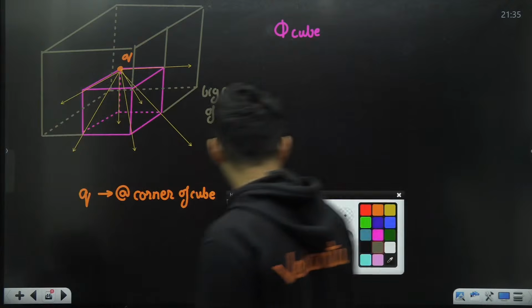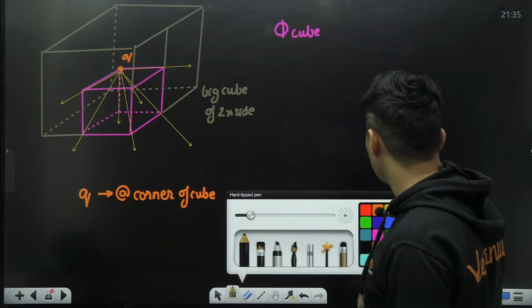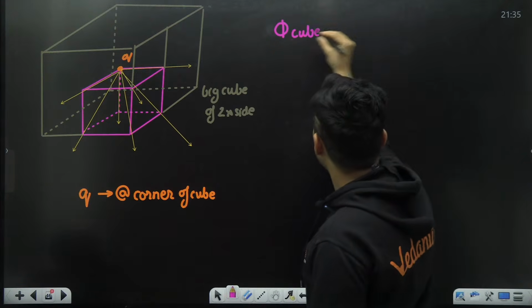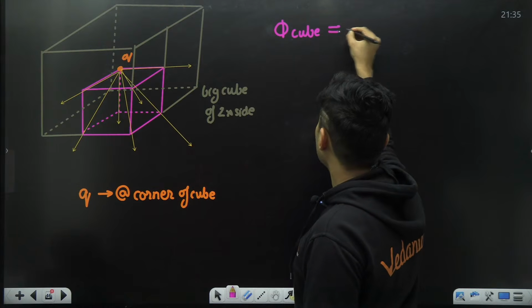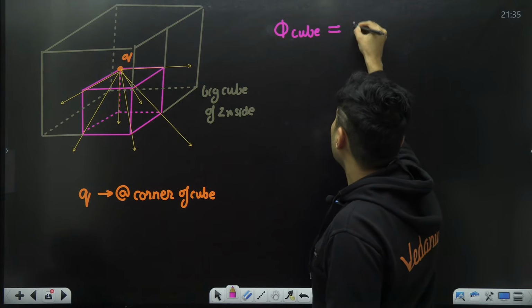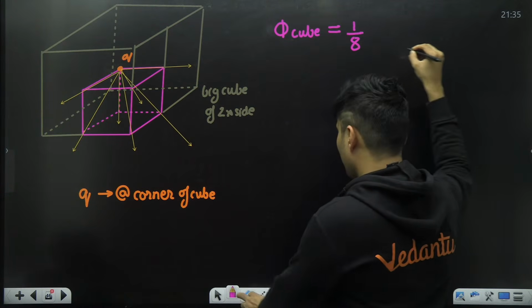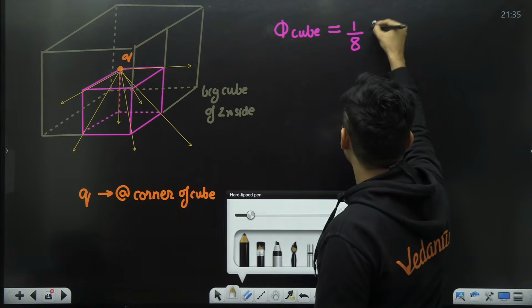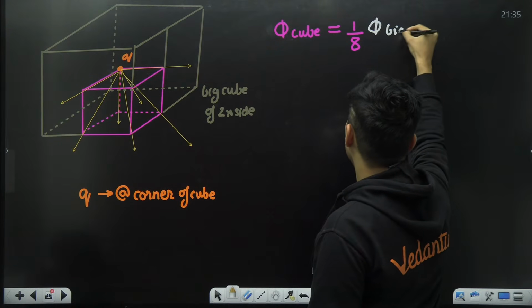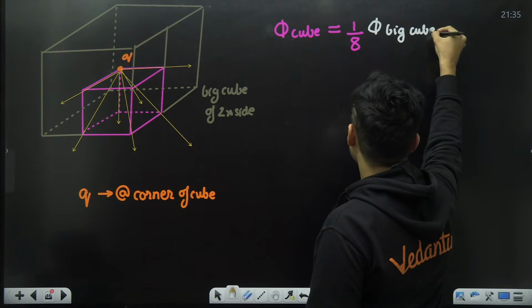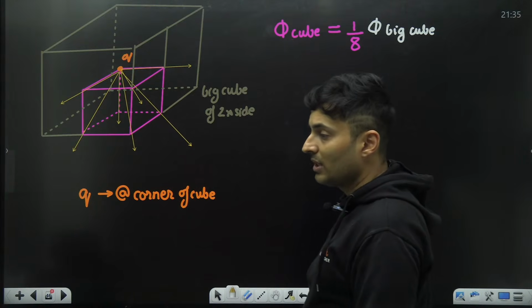Think about it. So this cube's flux will be exactly 1/8 the flux of that particular big cube.